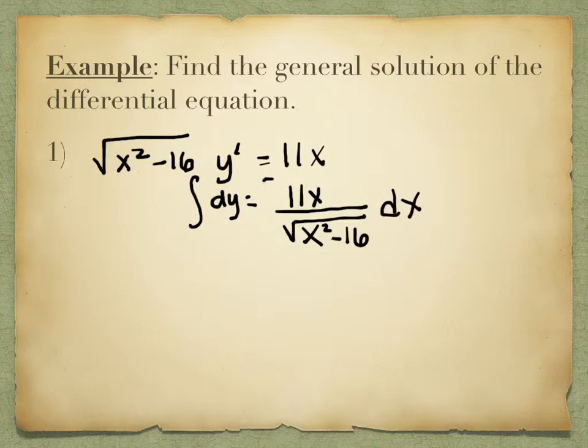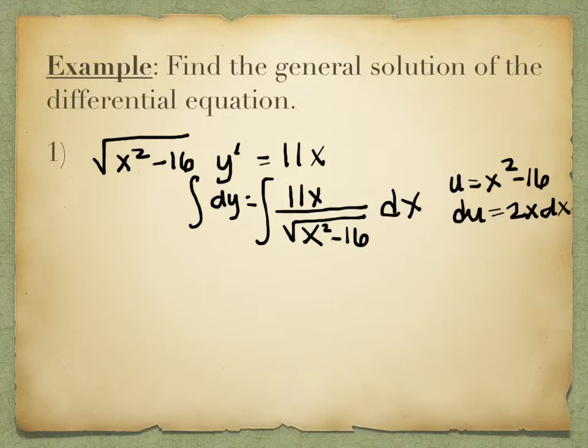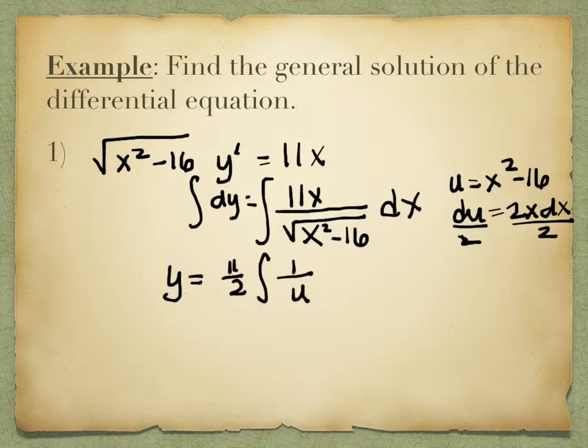We're going to integrate this, and in order to do so we need u substitution. u is equal to x squared minus 16, and then du is going to be equal to 2x dx. So we don't exactly have a 2 in our equation, we'll divide that to the left, and we end up with the integral of dy on the left, and then I have 11 halves integral of 1 over square root of u du.